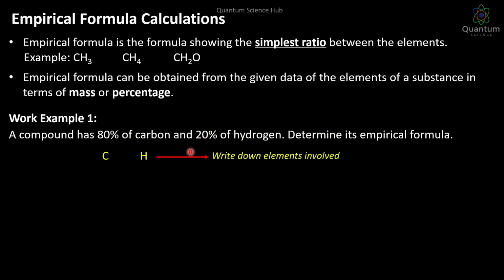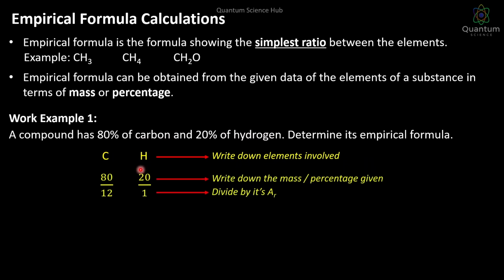So first of all, we write the symbol of each element. So we have carbon and hydrogen in here, right? Next, we put the percentage, or sometimes in the question, they will give you the mass, okay? So just put the number in here, 80 and 20. And then we divide by each relative atomic mass.